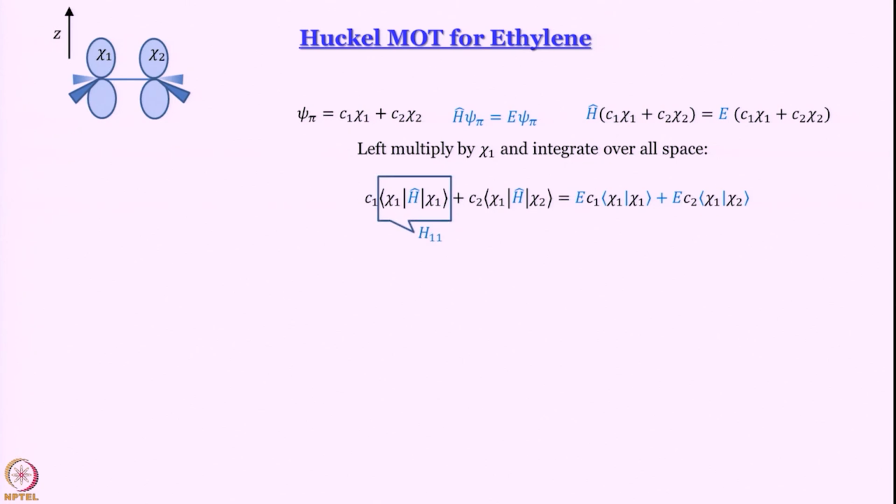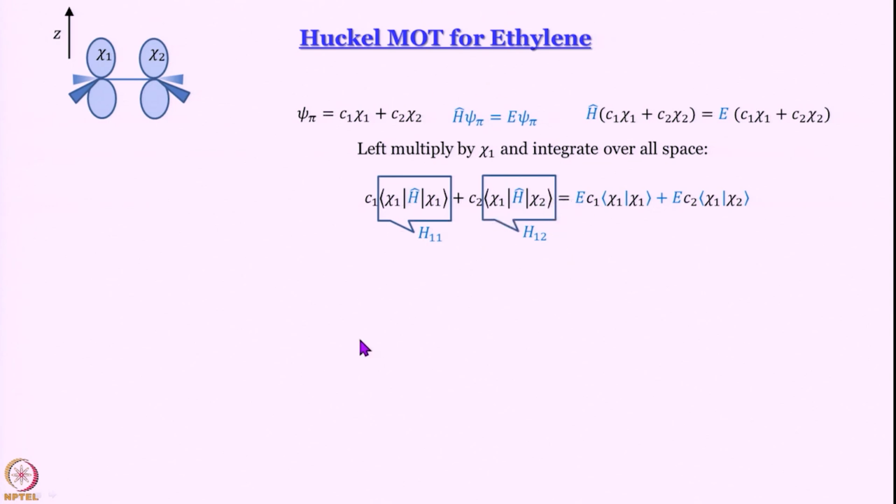So, the first one, integral chi1 H chi1, I call it H11. In general, integral chi_i H chi_i is going to be called Hii. Then integral chi1 H chi2 is given the name H12. I hope you can see the pattern here. The name of the integral is H from Hamiltonian, subscript of the first wave function, then subscript of the second wave function.